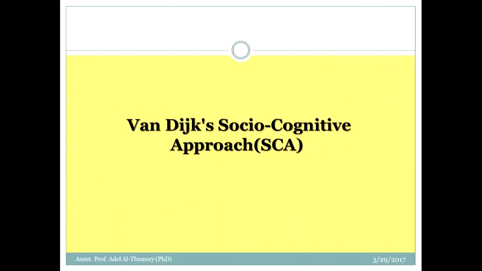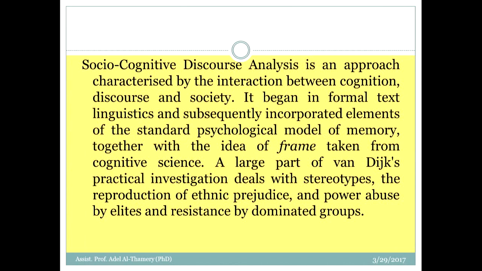The second model or approach is called the socio-cognitive approach, and it was introduced in the late 80s by Teun van Dijk. In this approach, there is an interaction between cognition, discourse, and society, as the title of this framework shows.